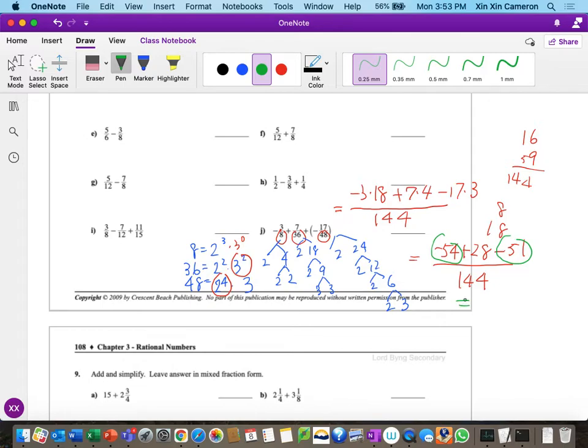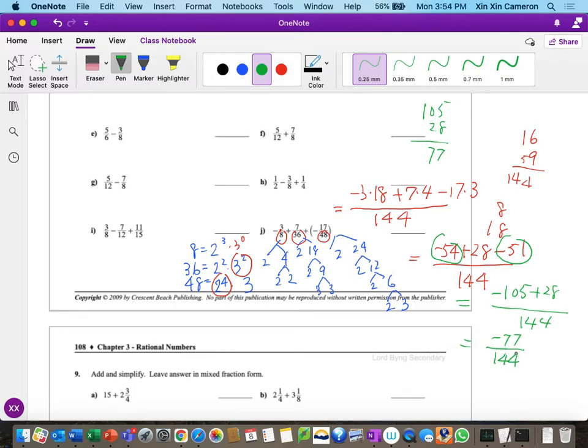That's what I do. So then that will be negative 105 plus 28, over 144. And we said that when a positive number and a negative number are together, we do the difference. So 105 subtract 28, that's 77. So that means that is negative 77 over 144.